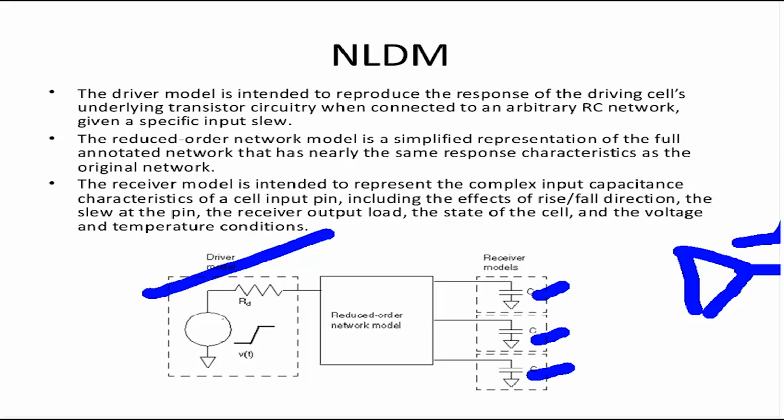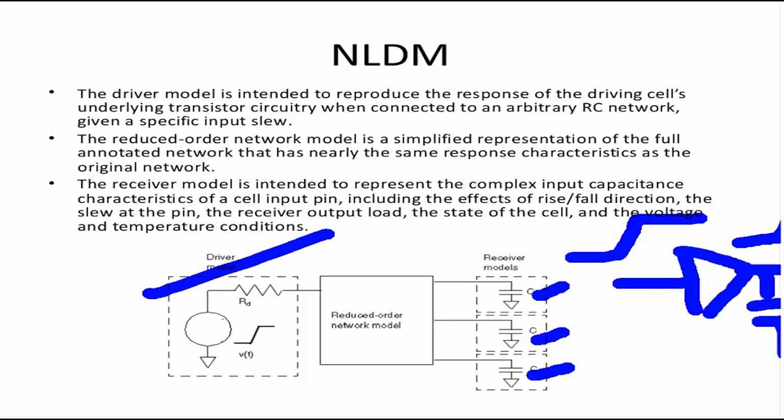Where does this waveform come from? It comes from some load, the pin capacitance, and the input transition. This input transition would be a result of a previous stage calculation, or it is a primary port where you have set the input transition. But this is the driver model. For NLDM, it should tell us the nature of the waveform. That's it.